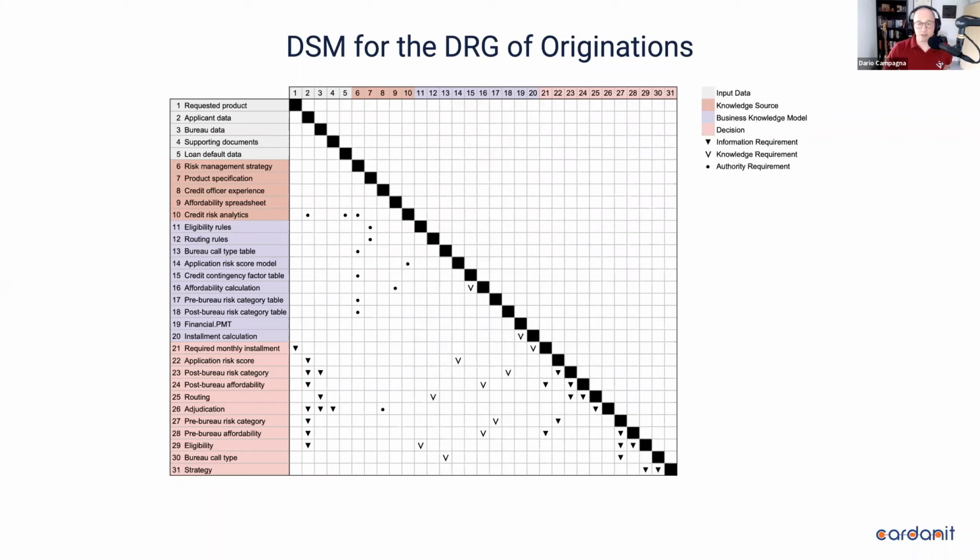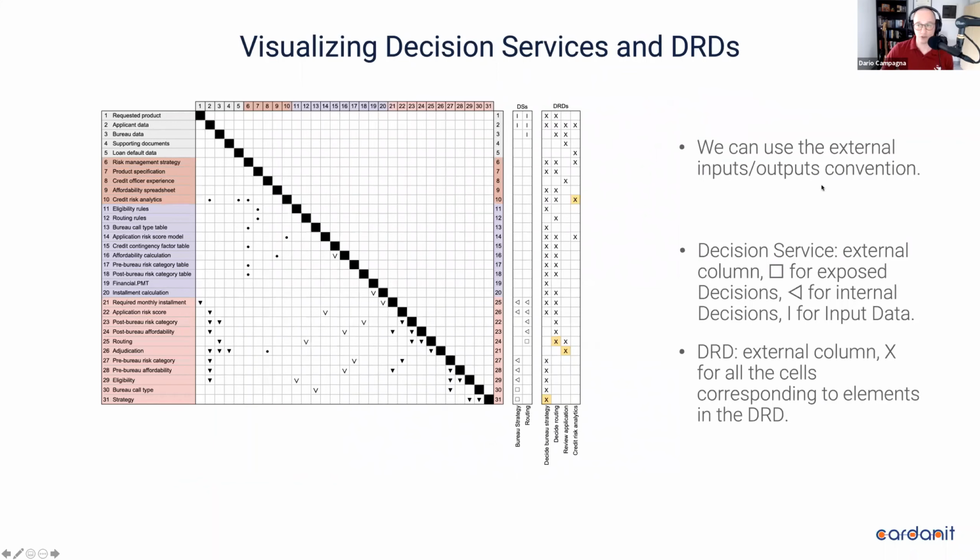Elements and requirements are not the only thing that we can show in a DSM. We can also show decision services and the DRDs that are present in the model. And to do that, we can use a convention that is called external input output. So in DSM, you can use these external columns, for example, to represent some entities or other systems that interact with the system that you are modeling with the DSM.